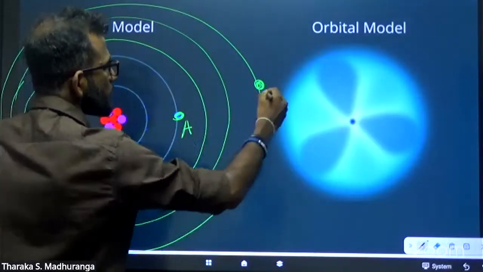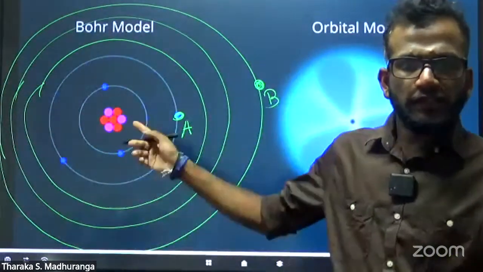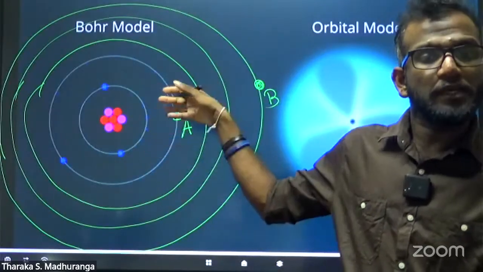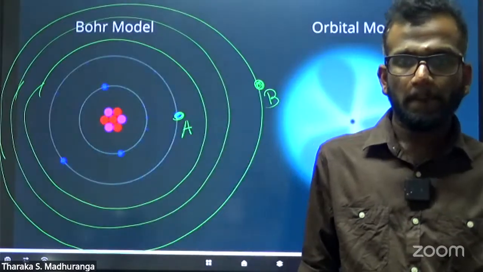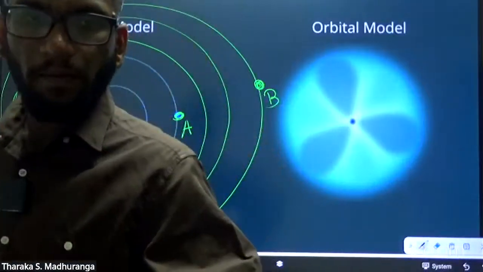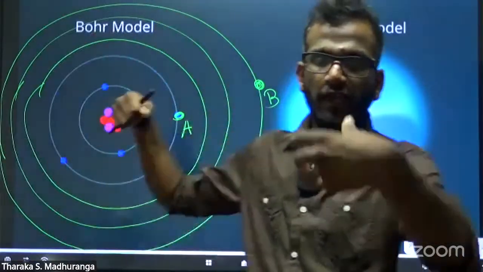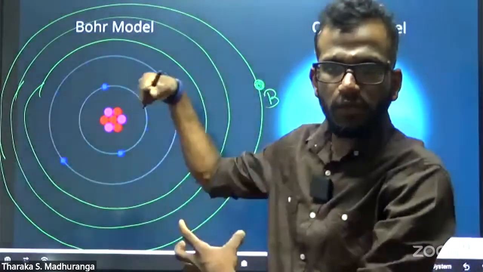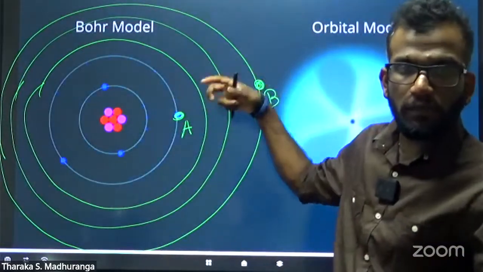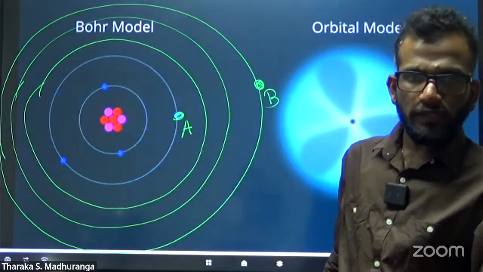Think this is A and this is B. Which one has higher attraction, A or B? Yes, A has a higher attraction to the nucleus than B. B has very weak attraction because the distance is very high.